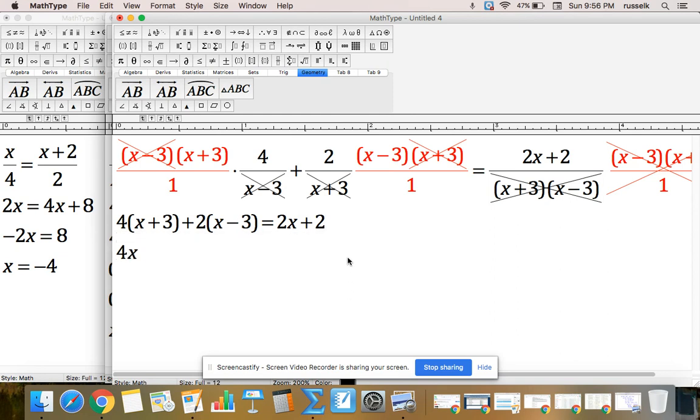Distributing, I get 4x plus 12 plus 2x minus 6 equals 2x plus 2. Combining my like terms gives me 6x plus 6.